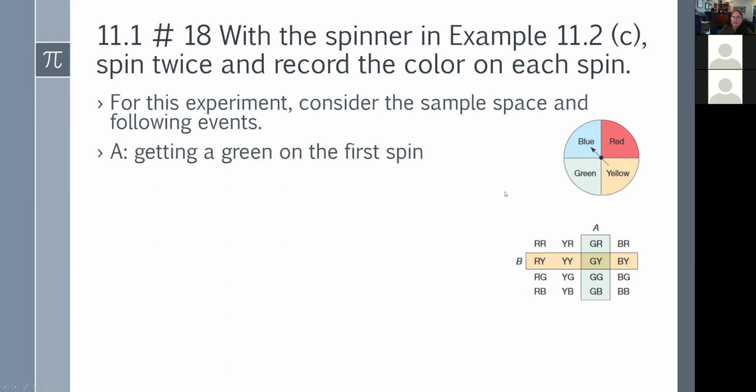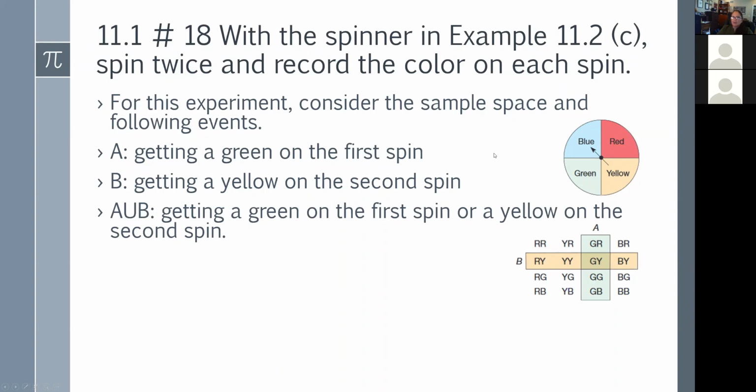So event A is that we get a green on the first spin. So that is right here where our first spin is green, and event B is getting a yellow on the second spin. And so notice there is an overlap where we get green on the first and yellow on the second.